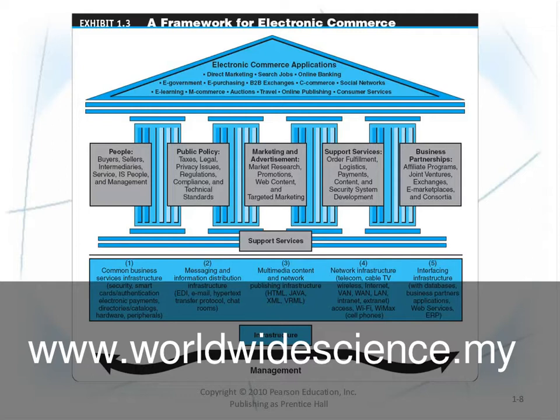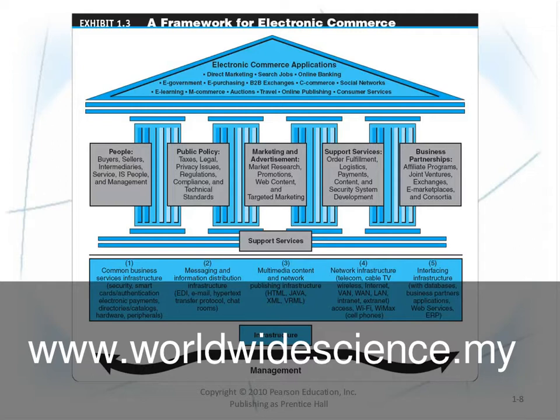We already talked about some of these in networking class or in database class. And finally, we need interfacing infrastructure with databases, business partners' applications, web services, ERP or enterprise applications. These are the infrastructure that we need for our electronic commerce business and applications.